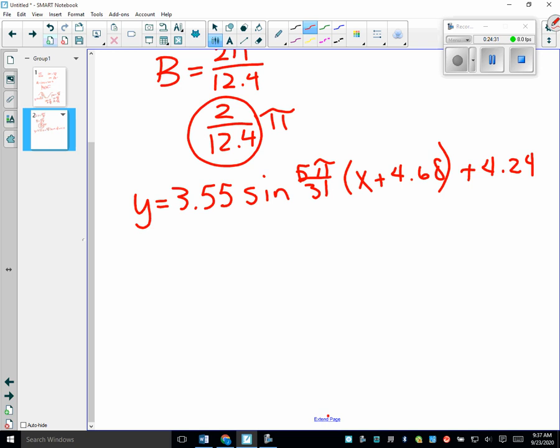It is 12, because they're talking about a month. How many months are in a year? 12. So knowing the period is 12, can you find B for me? Pi over 6. Do you agree?